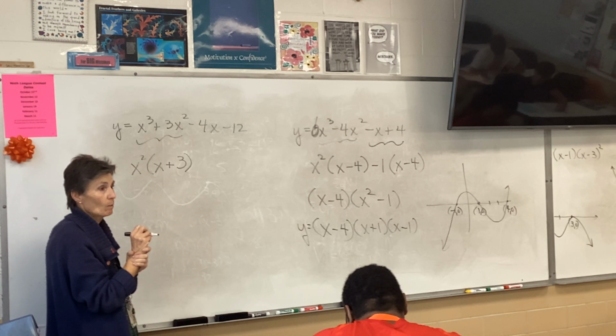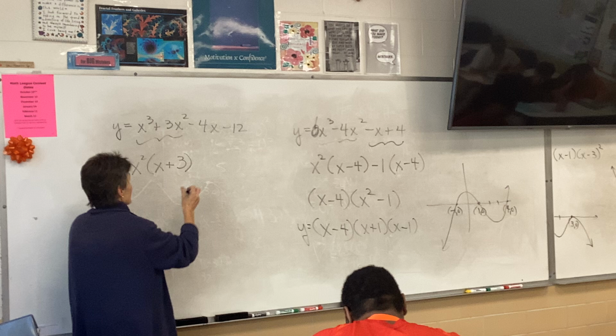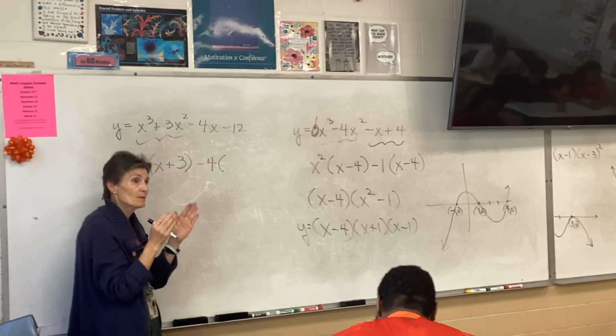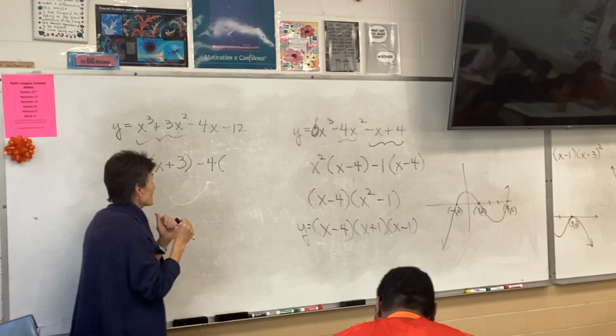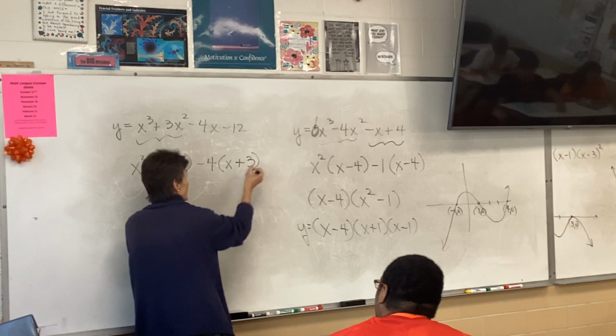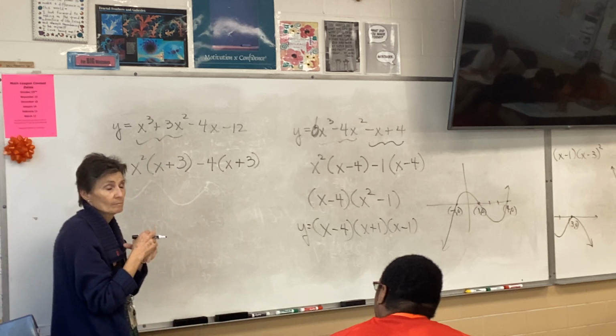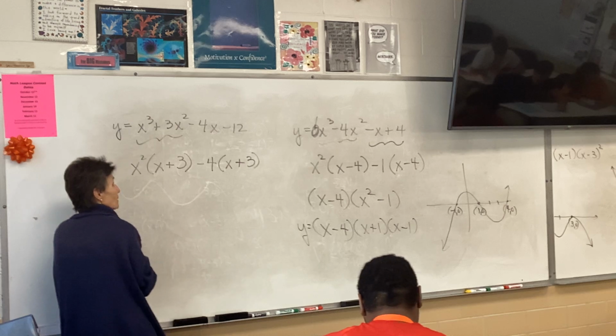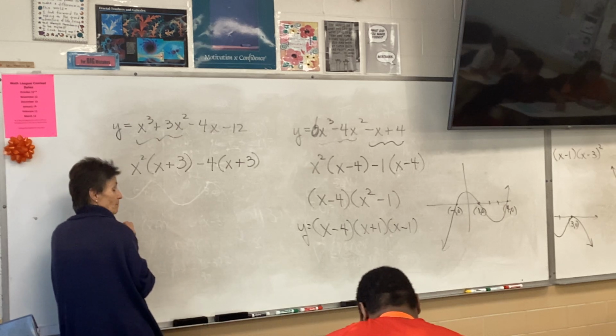All right, now what? Thank you. And if I take out, remember, we're taking out the negative. So that's gonna leave me with a positive x and a positive 3. And we notice what?